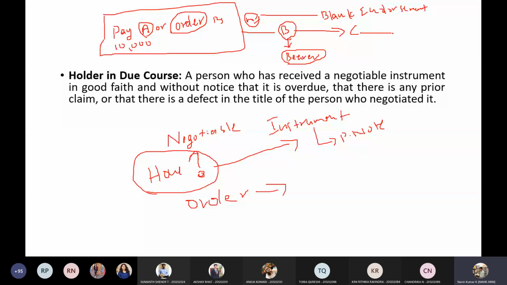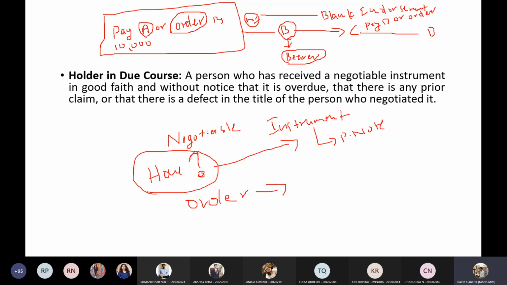Now C wants to transfer the instrument to D. What will C do? Under this signature, C will write just a simple phrase, pay D or order.